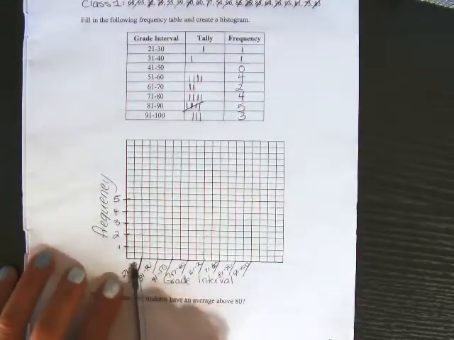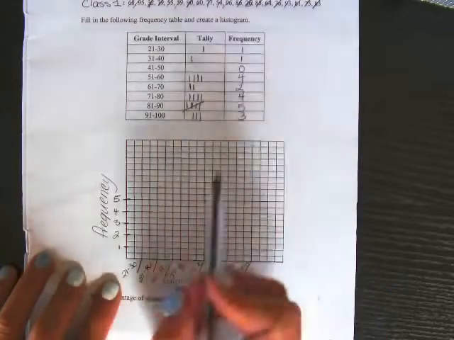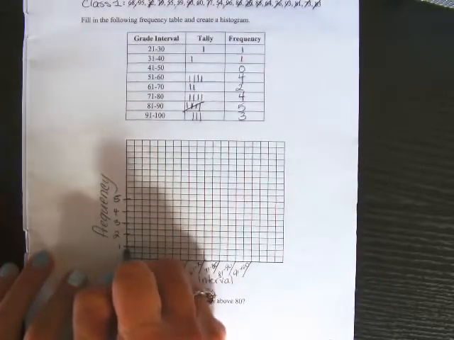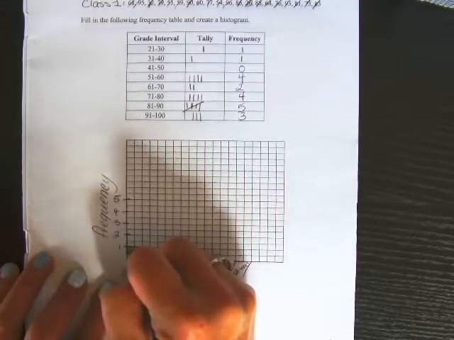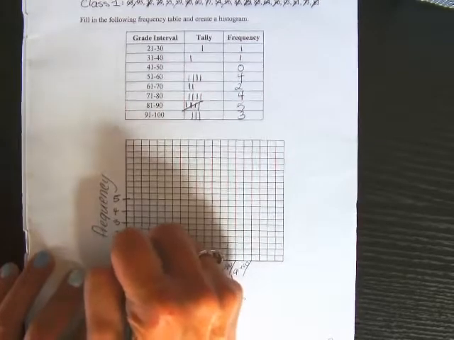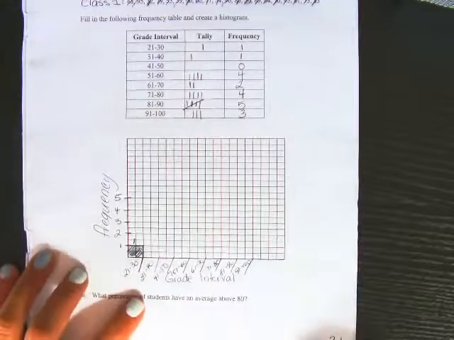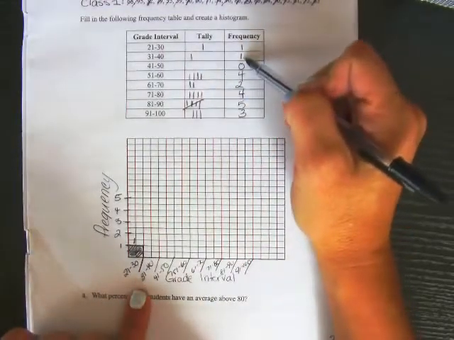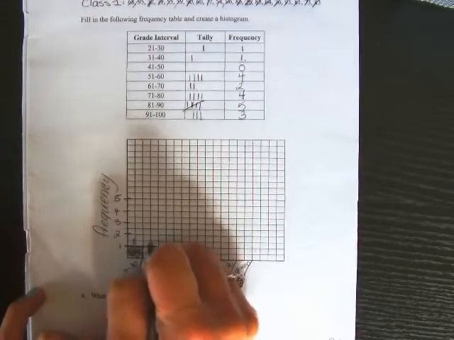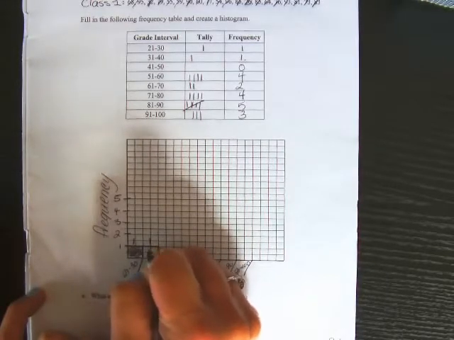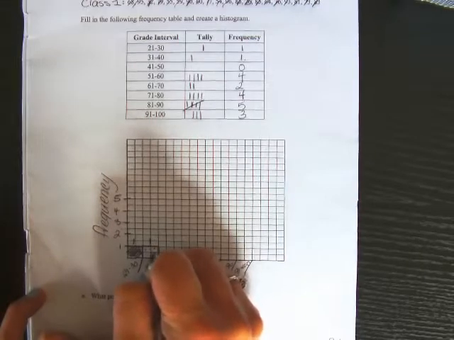So 21 to 30, we had a frequency of 1, so that means we're going to make a line up at 1. And you can color it in however you want to, and I'm going to put on top 1 because there was 1. From 31 to 40, again, I had 1, so I'm going to do the same thing. 1, and I'll do polka dots on this one because I like to make them look different.